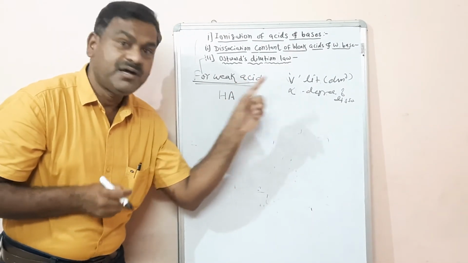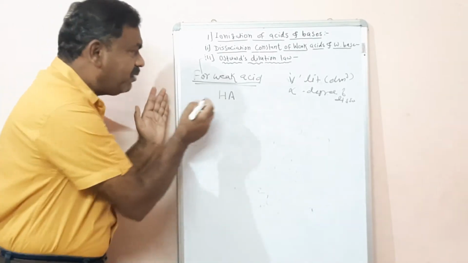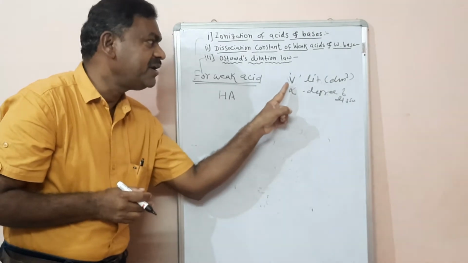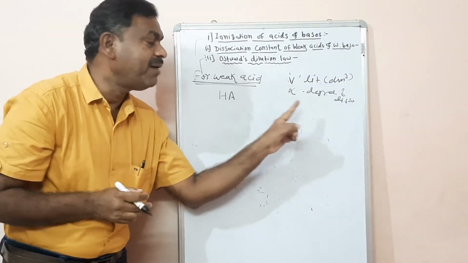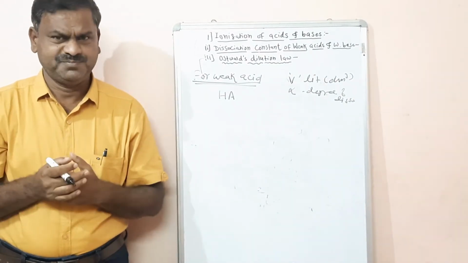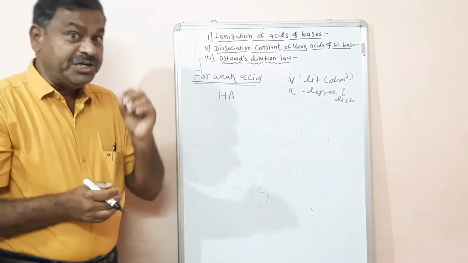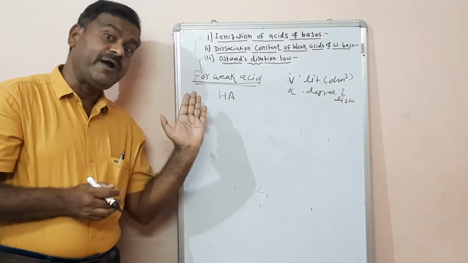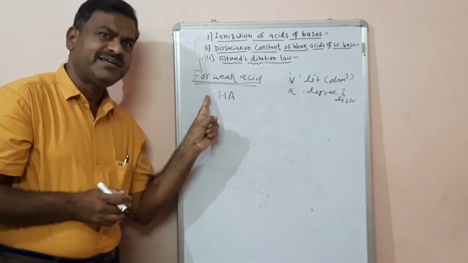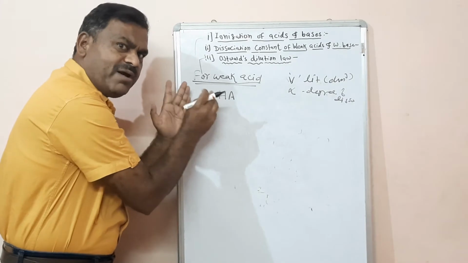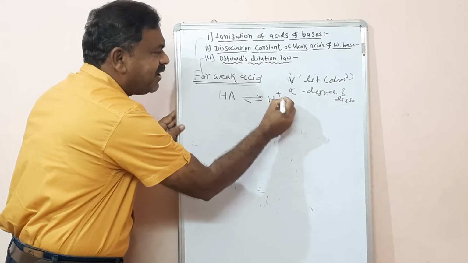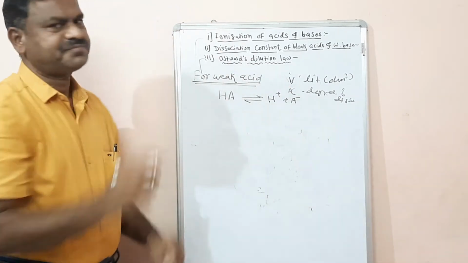Therefore, the dissociation of that weak electrolyte, the acid, is that 1 mole of HA dissociates to form H plus and A minus.